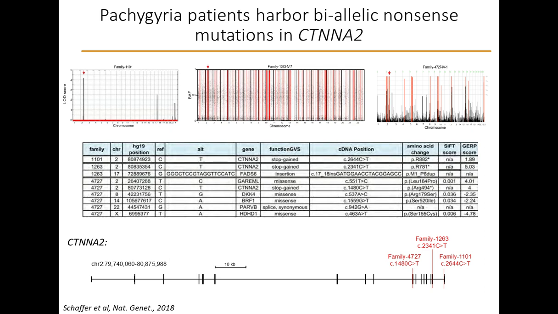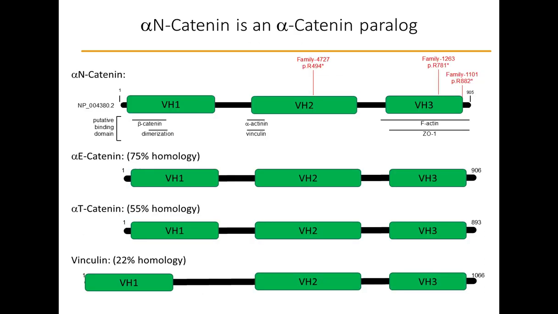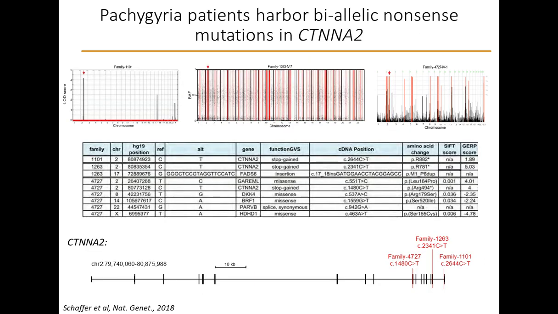Within all large homozygous blocks, very few variants passed our threshold for further analysis, and CTNNA2 was found mutated in all patients. Further, the affected individuals all had very severe homozygous mutations at the C-terminal end of the protein. So we predict that alpha N-Catenin mutations are causative for the patient phenotype.